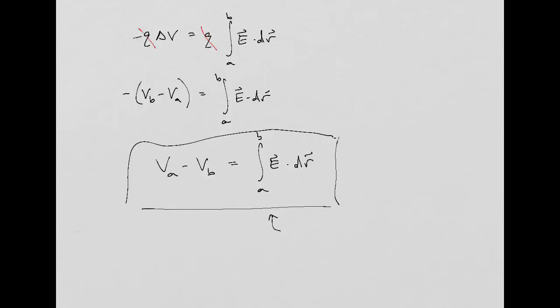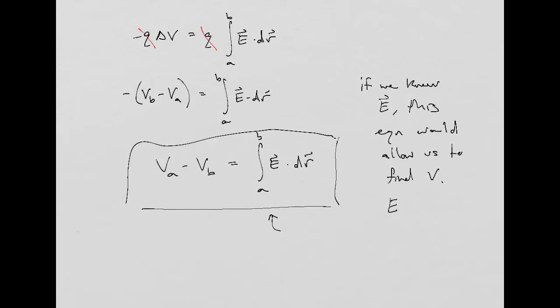If we knew the electric field beforehand, this equation would allow us to find V. Okay, so this is going the opposite direction. If we know E, we can get V. What we want is a way of going from V to E. Okay, so that's what we're going to look at next.